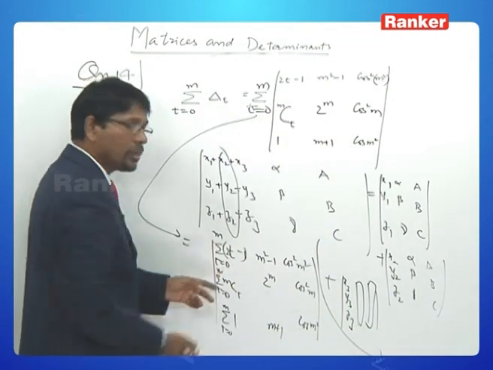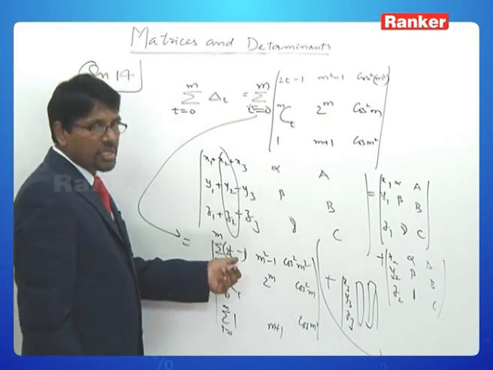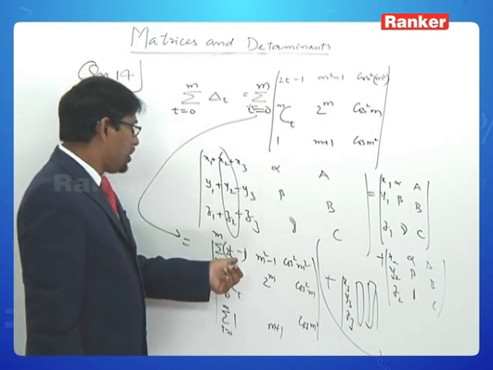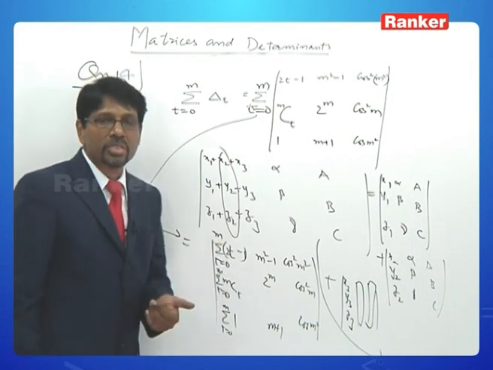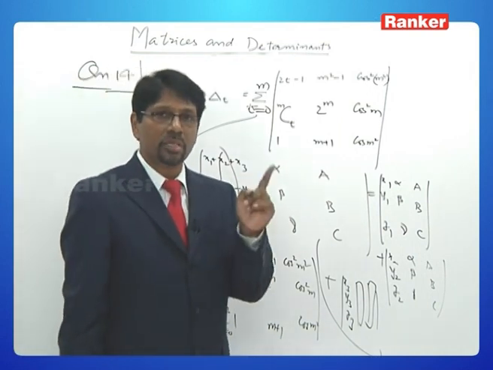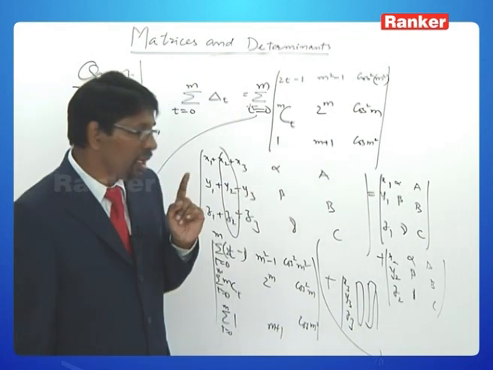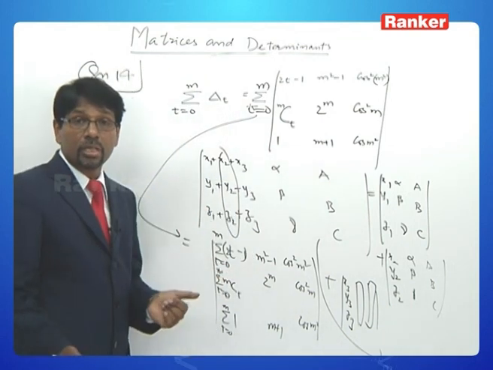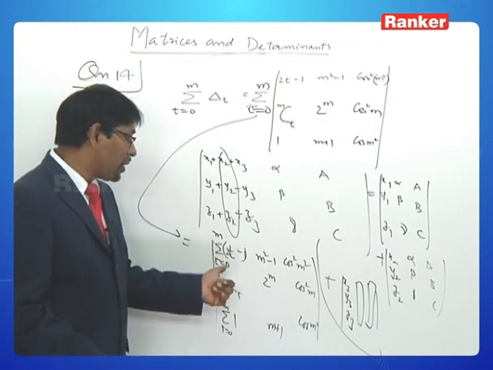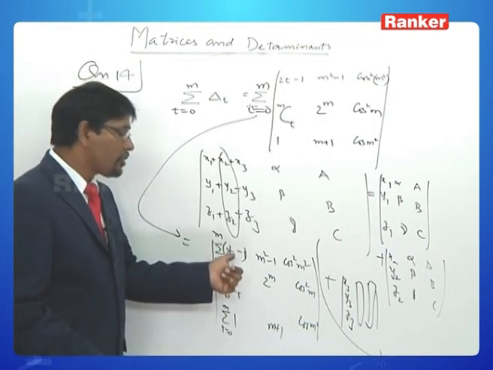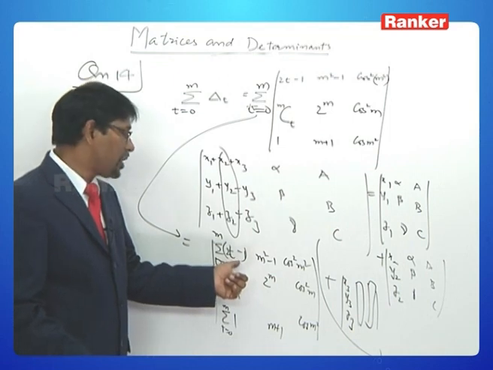Observe that sigma 2t minus 1, what is that? If you started with 1 and went up to m, it would have been the sum of first m odd numbers, starting with 1 going up to 2m minus 1, and we know that the sum of first m odd numbers is m square. But you are starting with t equal to 0, that gives you a minus 1, so m square minus 1.